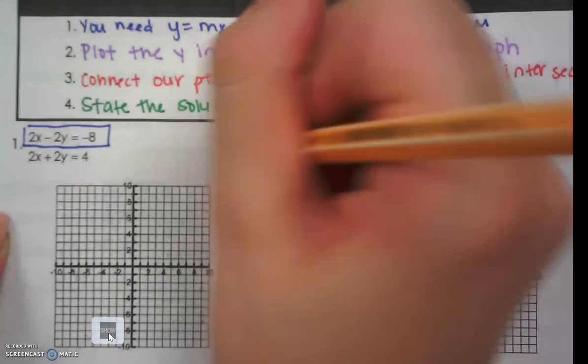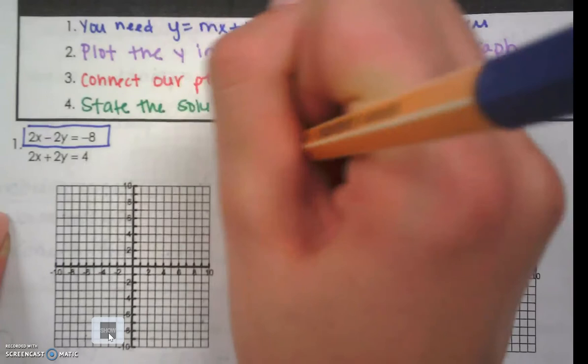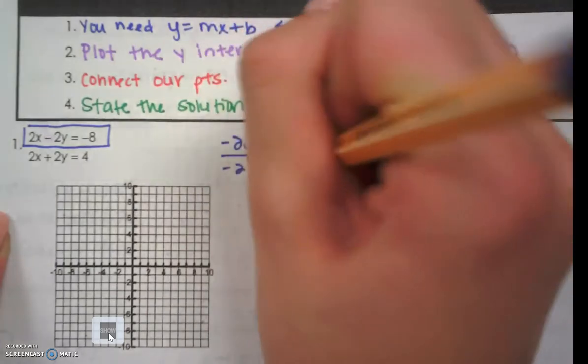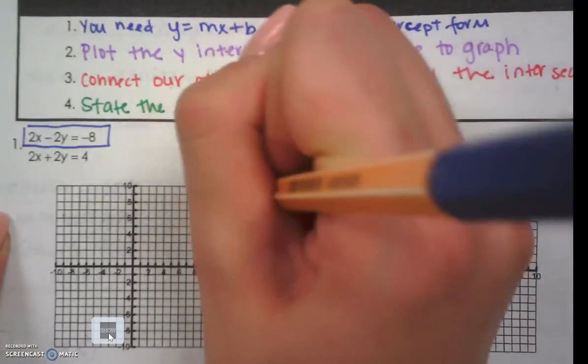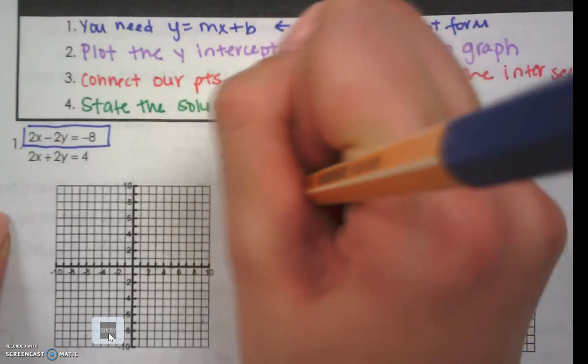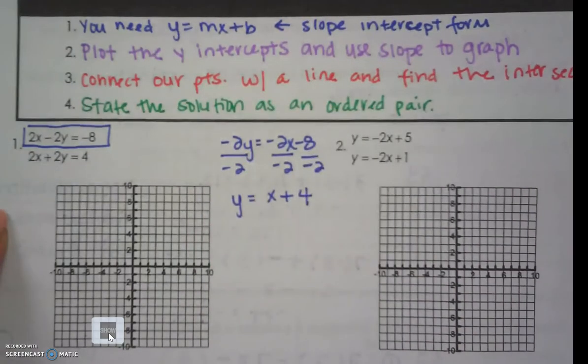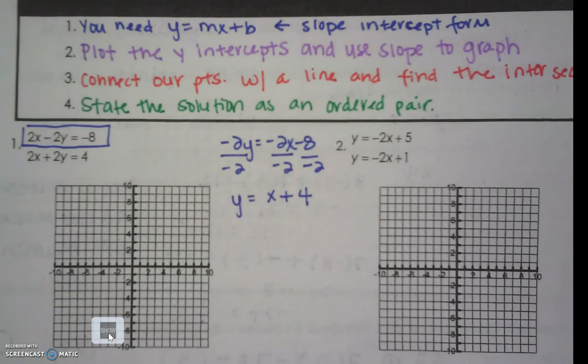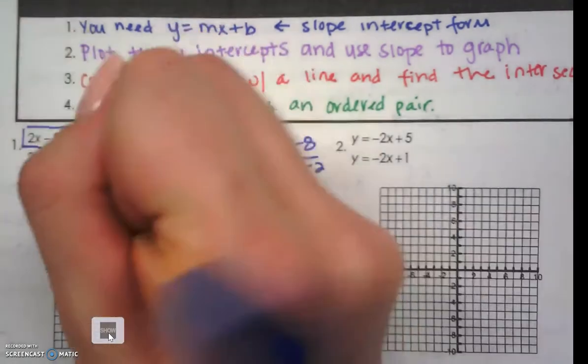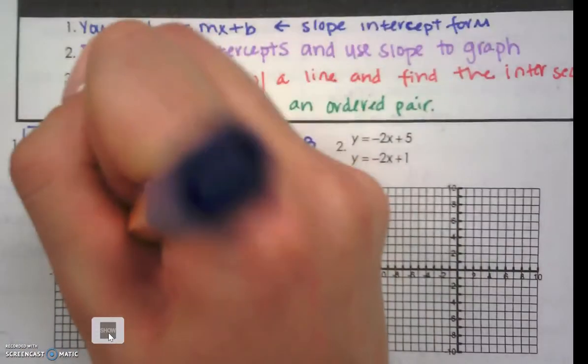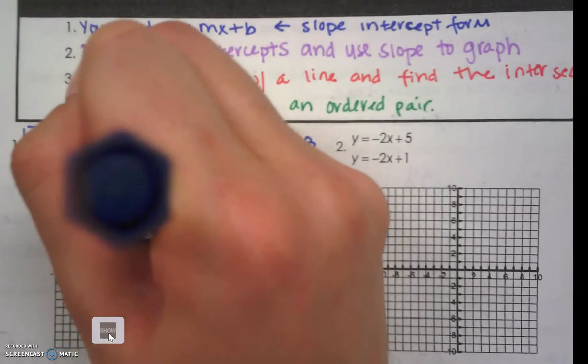I'm then going to divide each part by negative 2 and simplify my equation here. So this is the equation of the first line that I get: y equals x plus 4. So let's plot this. We have a y-intercept of 4 and a slope of positive 1.